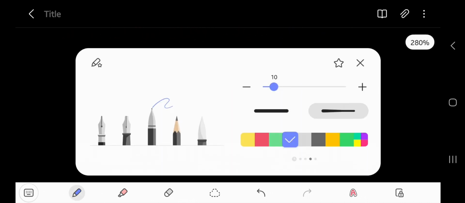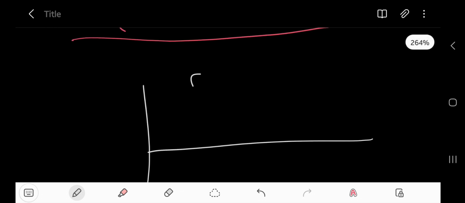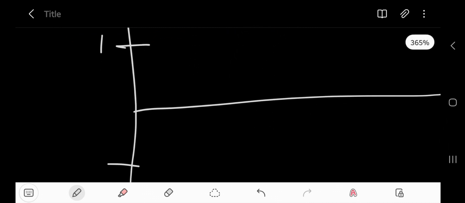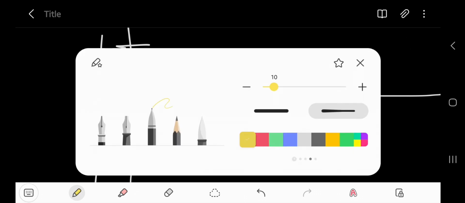So just for understanding's sake, let's draw our graph here. We're going to draw cos x because we have cos x in our equation. Remember, guys, that cos x is the mother graph, which means that it has an amplitude of 1. It's negative 1 to 1.